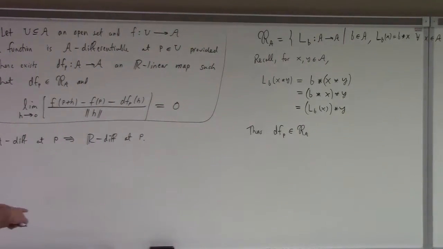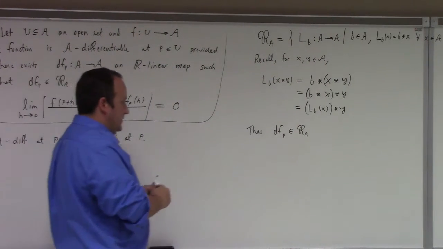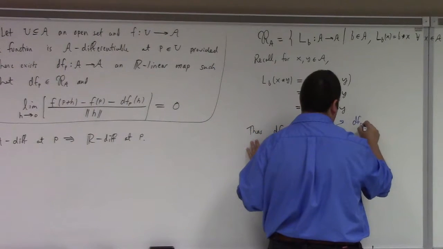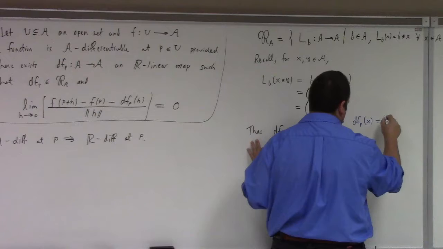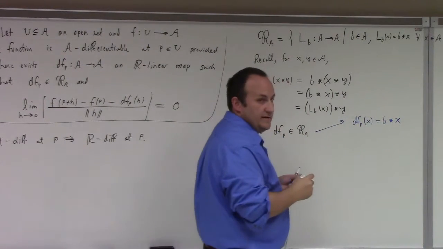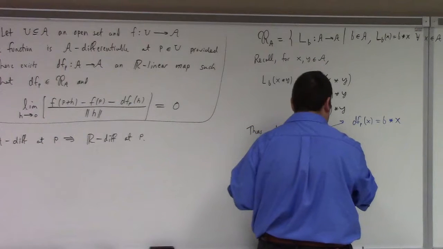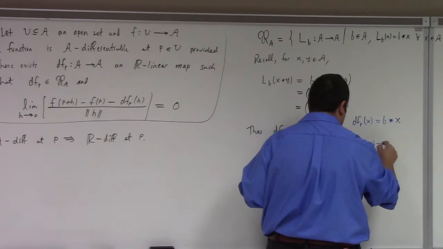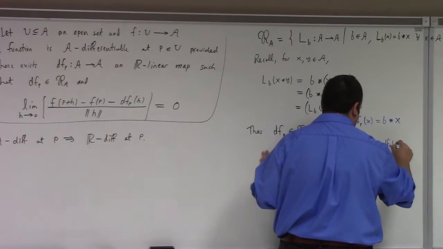So what does the left multiplication map mean? On the one hand, by definition, dfp of x is equal to b times x for some choice of b. And on the other hand, we also have this property that we can pull multiplication out like this.